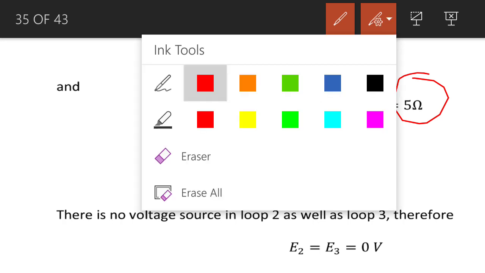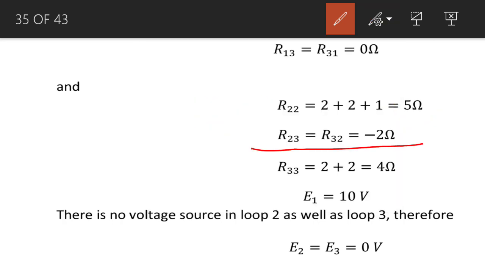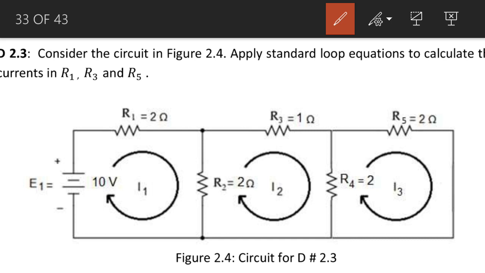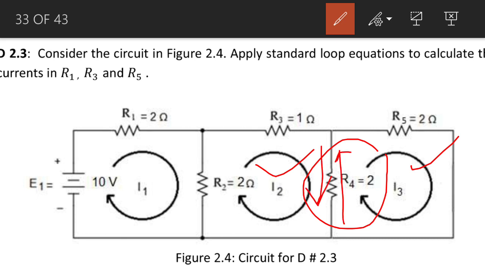Now we consider R23. We know that R23 is equal to R32, and this is basically the resistance of the resistor that belongs to loop number 2 as well as loop number 3. So let us consider the resistor in the given circuit diagram that belongs to both. R4 is a member of loop number 2 as well as loop number 3, and the two loop currents are in the opposite direction in this resistor.